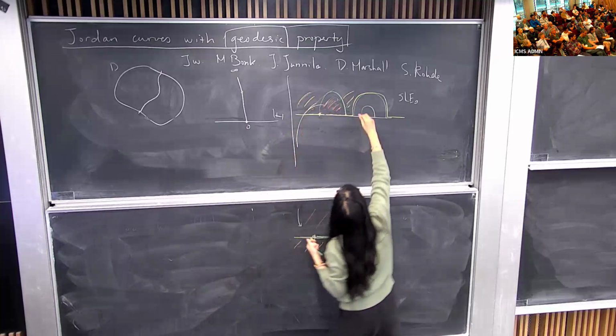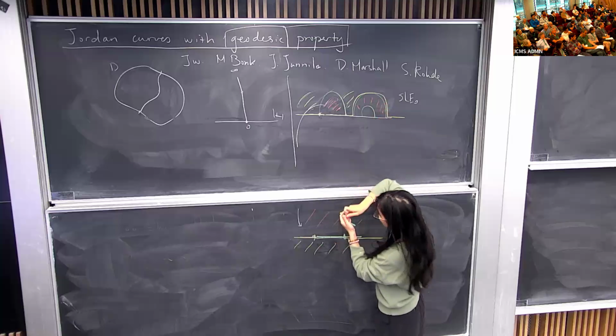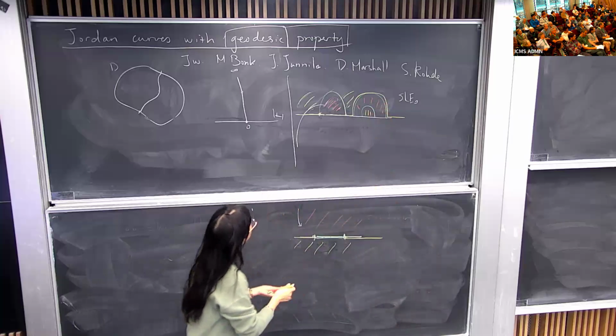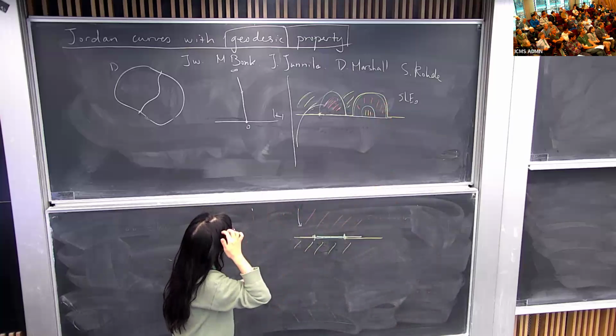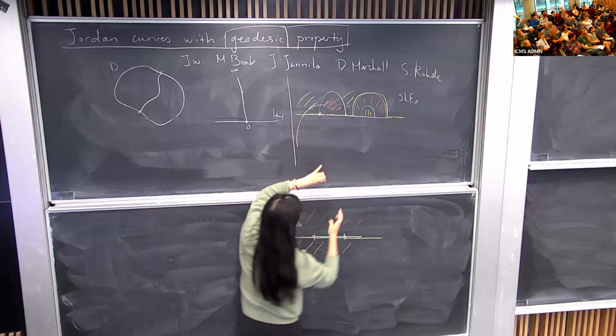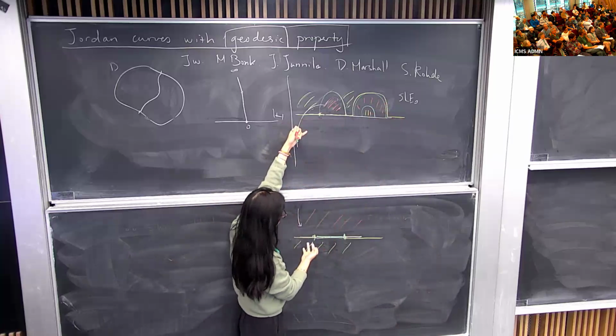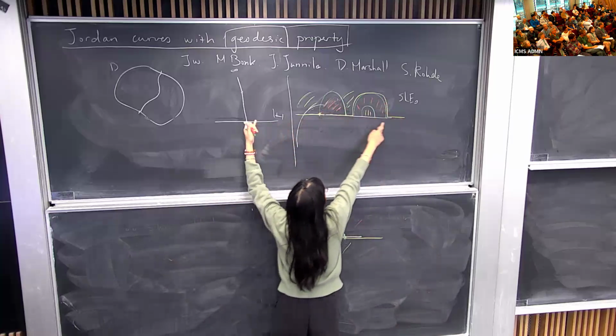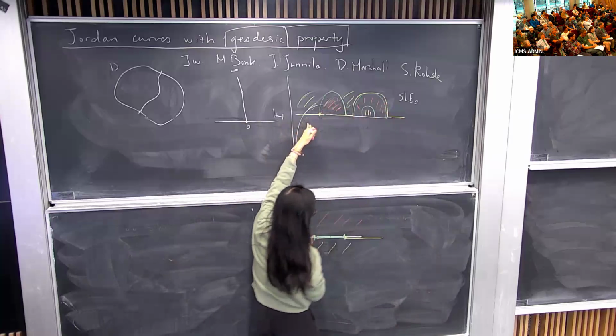We can keep doing this. This will be mapped to the upper half plane. This is mapped to the lower half plane. And if you look at the image of the real line here, the real line is always mapped to the real line. Also, these curves will be mapped to the real line, and this real line will be mapped to a real line as well.